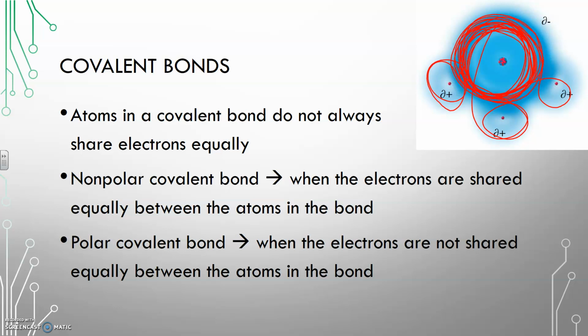And it's partial because every once in a while you'll actually get it evened out, where the electrons go back around the hydrogen. So it's not a full charge like you would see in an ionic bond. It's just a partial charge.